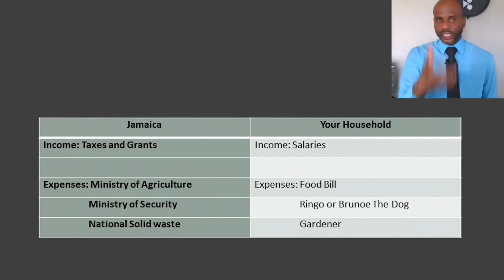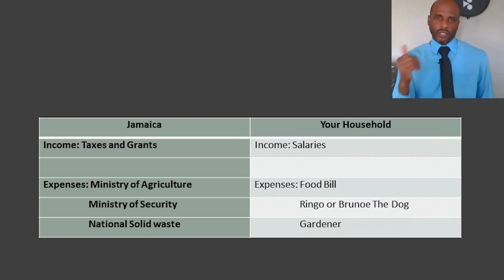A few line items we're going to look at. So for income for the Jamaican budget that is tabled by the Finance Minister, Dr. Nigel Clark, income, taxes and grants. That would be compared to a household that has salaries or wages, right?